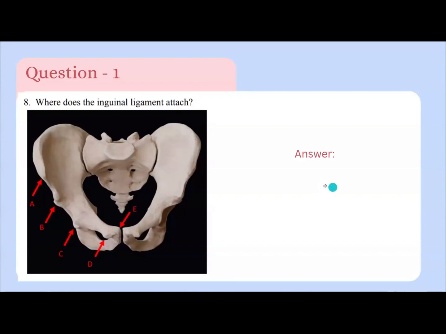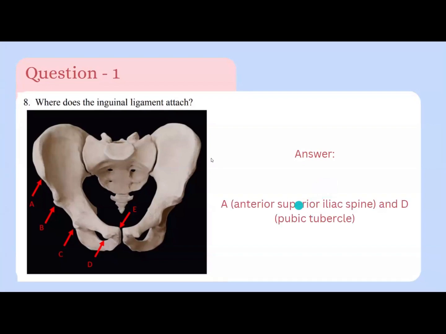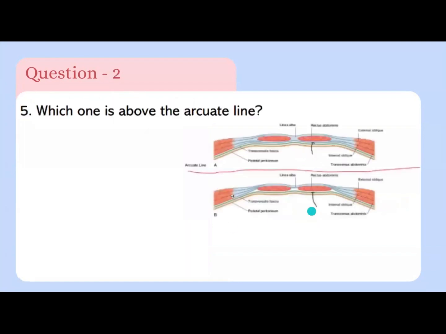A and E, A and D. So the answer is A and D. Why is it not A and E? We already know that A is the anterior superior iliac spine. We said that it attaches to the pubic tubercle. The pubic tubercle is at the front, so the inguinal ligament will attach to A and D.